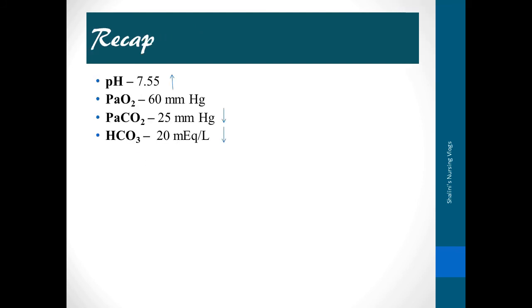So a quick recap, I give you a scenario here. For example, a 33-year-old gentleman who is a known case of anxiety disorder and substance abuse presents in the casualty with a history of drug overdose.